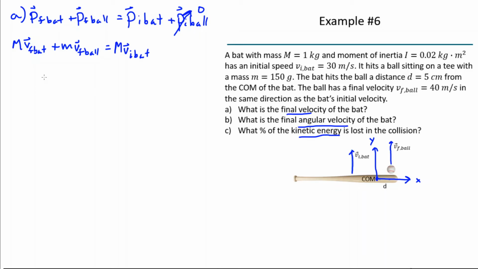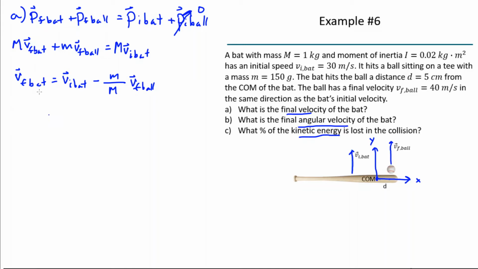Okay, so we can solve this for v final bat. We get v final bat equals v initial bat minus the mass of the ball over the mass of the bat times v final ball.